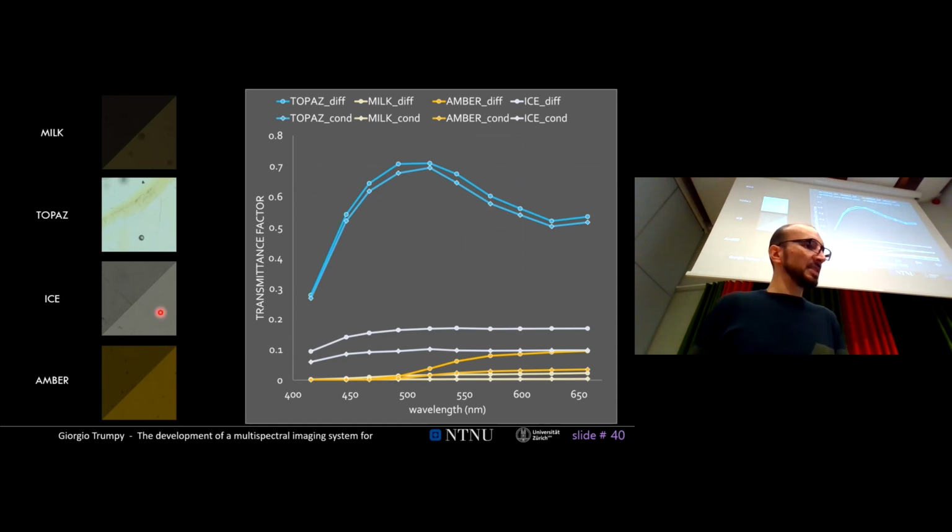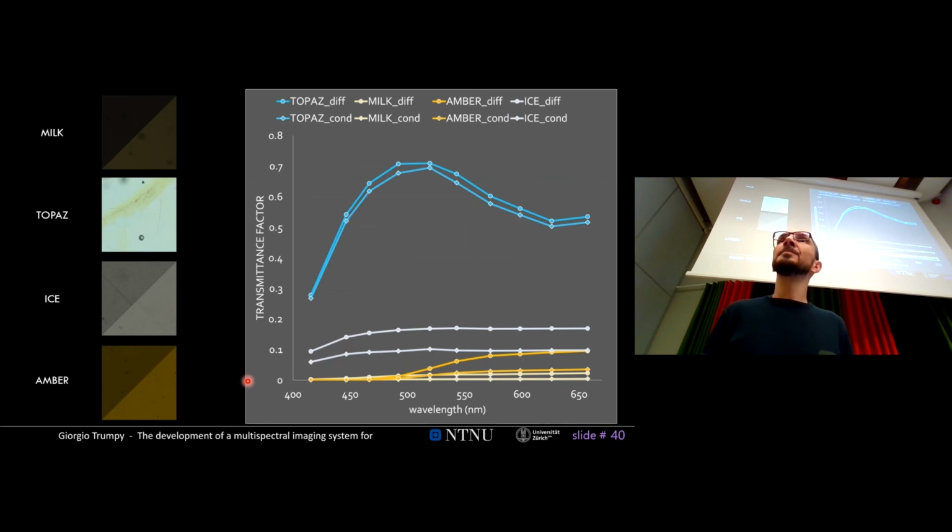More difference in the ice sample, and more or less the same difference visually in the amber sample. Here we see the spectra. Diamonds are condensed illumination, and circles are diffuse illumination.